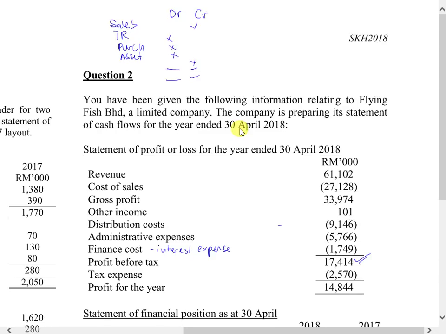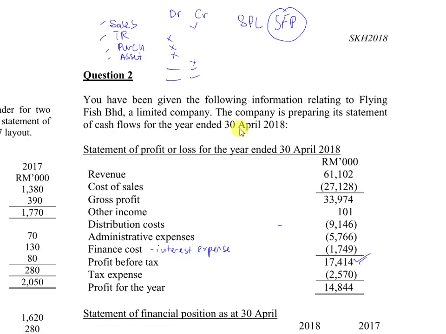When I prepare SPL and SFP, must all the items here be taken up? Yes, they must all be taken up, then only can it balance. Now we are doing cash flow. All the items in the statement of cash flow must be taken up or adjusted. Okay, then only can the statement of cash flow balance.